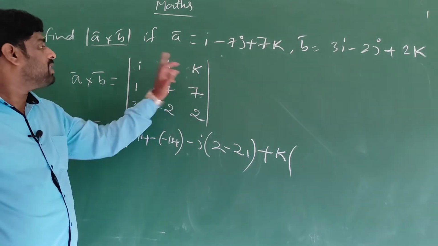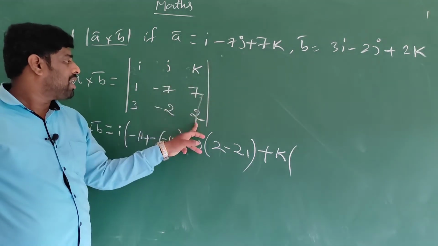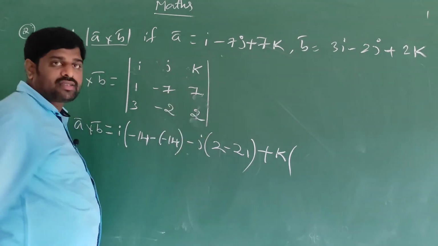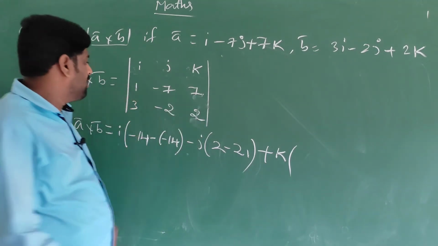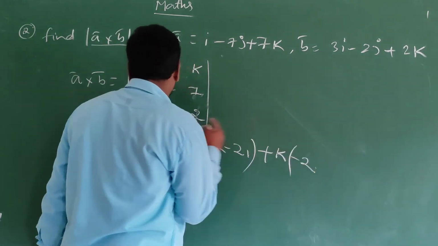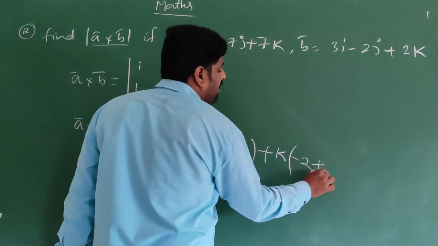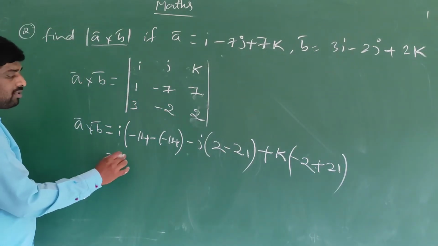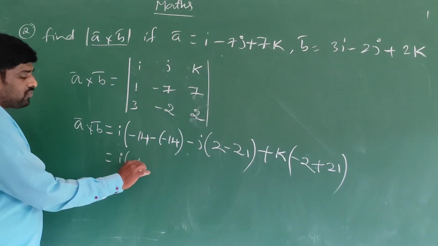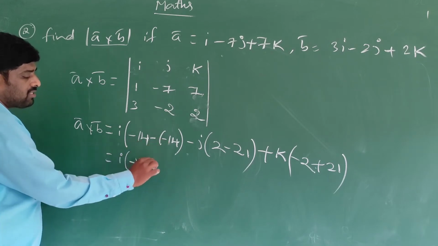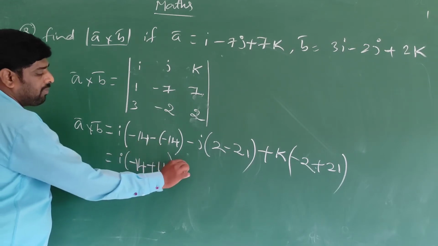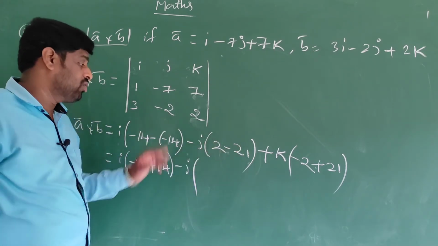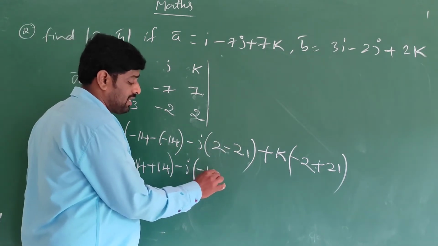see, k is present in the first row and last column. So 2 1s are 2 minus 2, 7 3s are 21, plus 21. So that is i into minus 14, minus into minus plus 14, minus j into minus 21 plus 2 is minus 19.